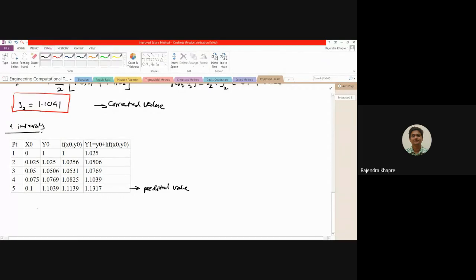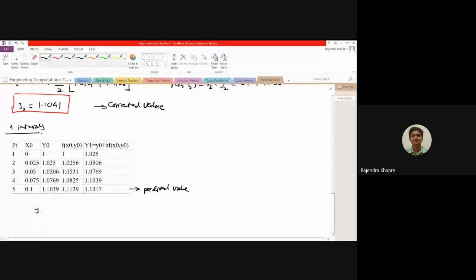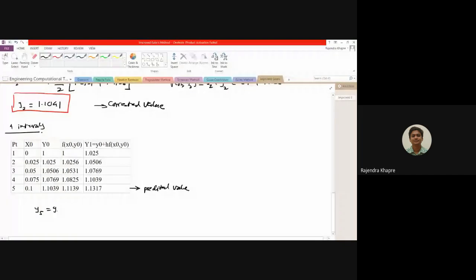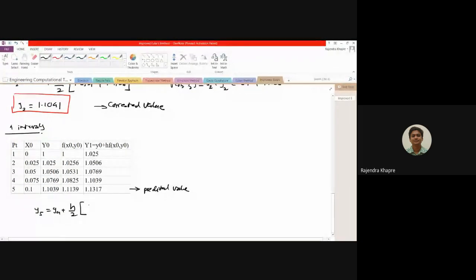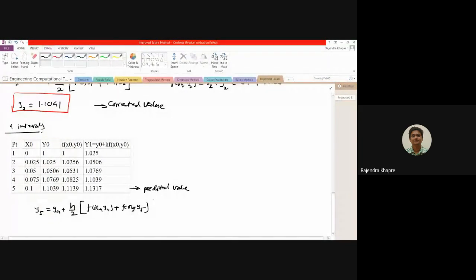Here the last value will be something like y5 will be y4 plus h by 2 into f of x4 y4 plus f of x5 y5. Out of which, the function value f of x4 y4 you have already calculated, this is this value.